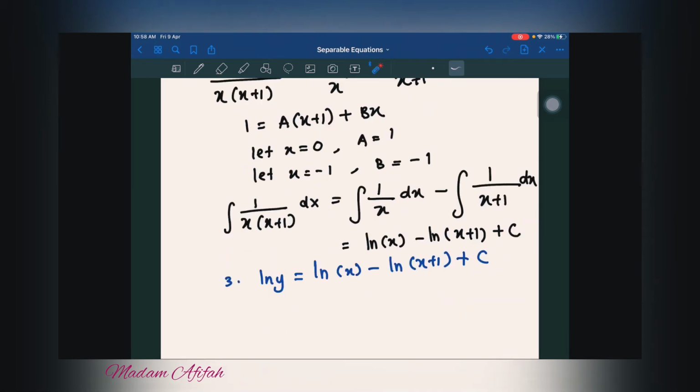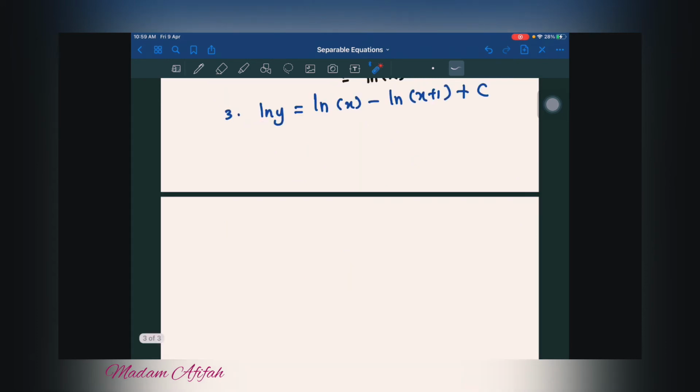The next step is to make y the subject, so we need to simplify this expression. How are we going to make y the subject? We need to get rid of the ln. To get rid of the ln, you need to apply the exponential to both sides.